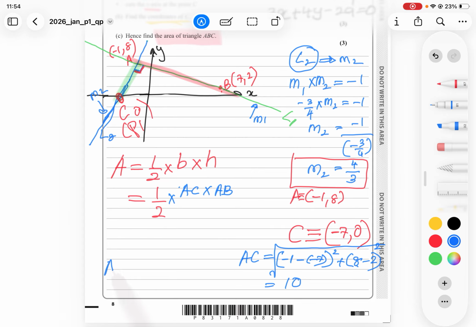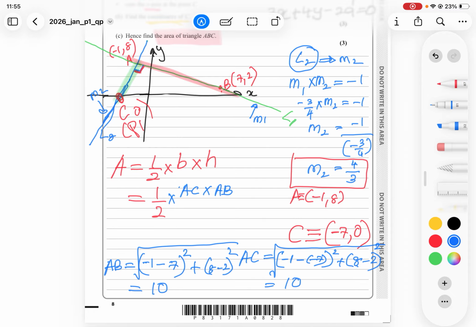And for AB, we have negative 1 minus 7 whole thing squared plus 8 minus 2 whole thing squared, and the root, which will also give us 10.